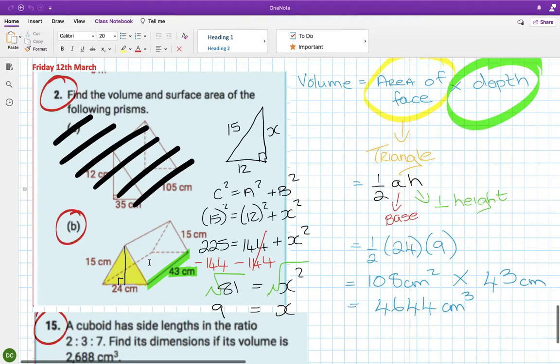And then for the surface area, we have the triangular face, which we've already figured out the area of. It was 108, and we have 2 of them. I am writing this, I'll show you now.